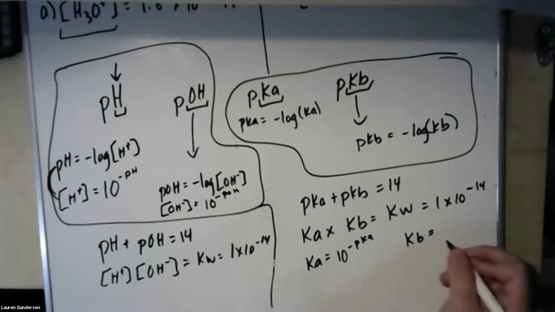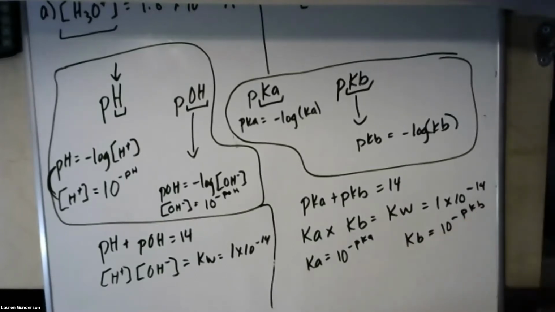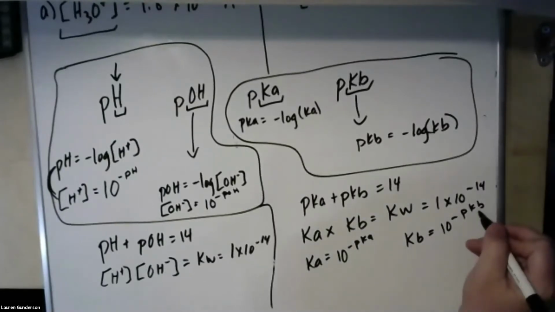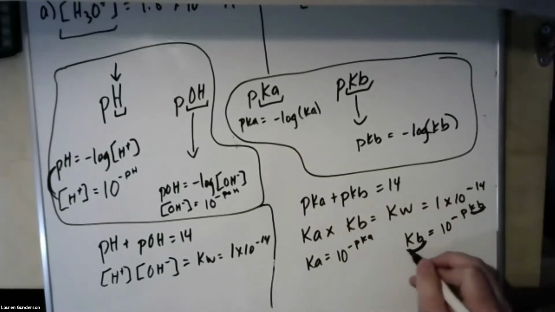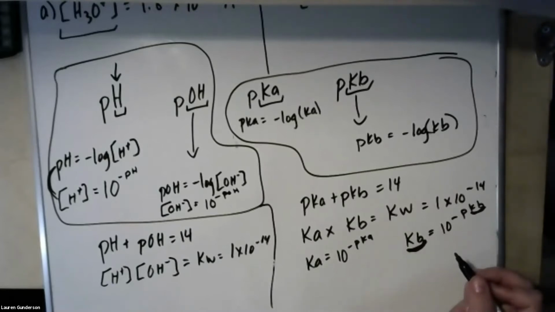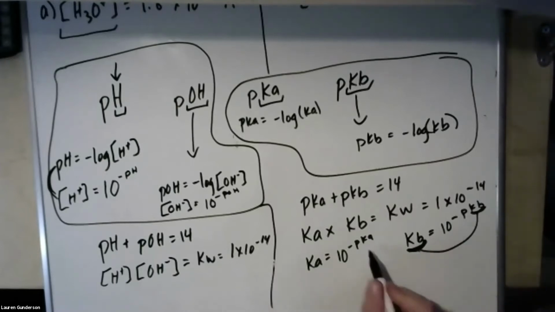My Kb value is going to be 10 to the negative pKb. Okay, just notice that whatever follows the P in the pKb, that links back to the thing that you're finding. So you don't want to confuse yourself and do 10 to the negative pKa and then assume that it's your Kb value. So don't do that. Just understand that these two things are always going to be connected.